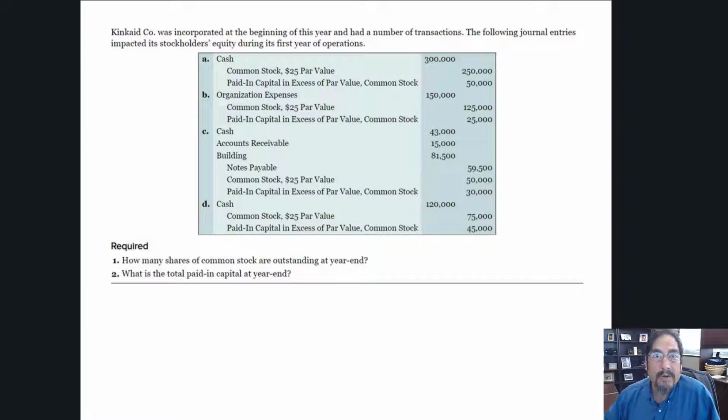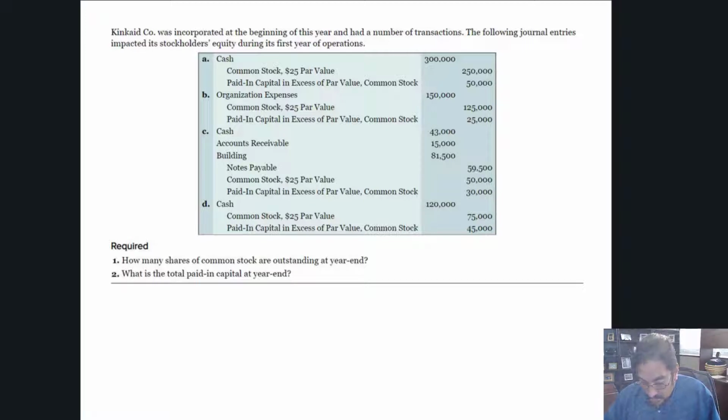We have par value common stock, specifically $25 par value common stock, which means that what we put into the common stock account is equal to the number of shares times the par value. Exactly. We should be selling our stock at or above par value. Anything that we get in excess of par value goes into the paid in capital account.